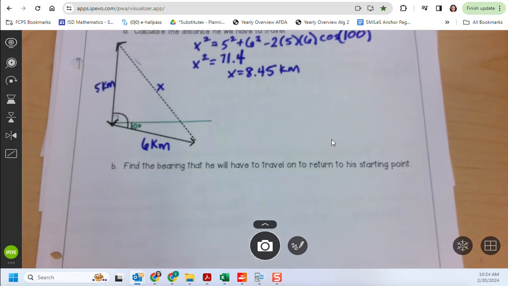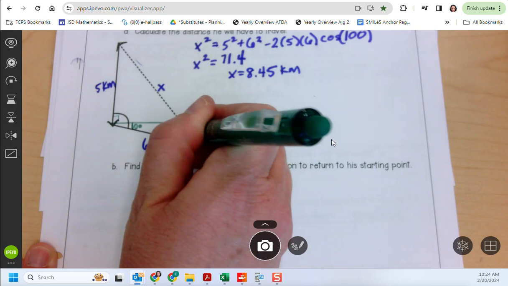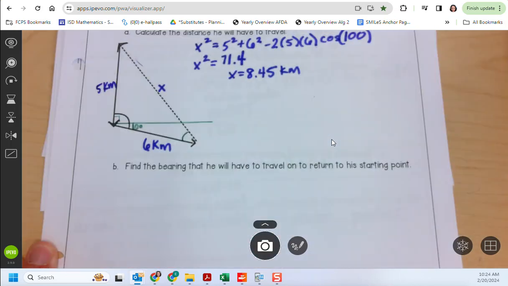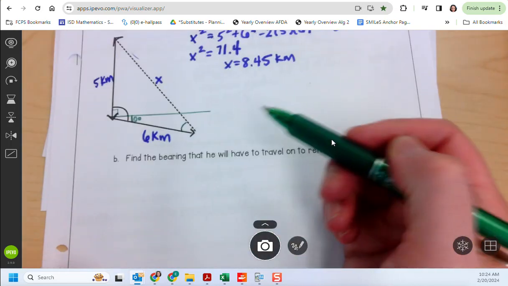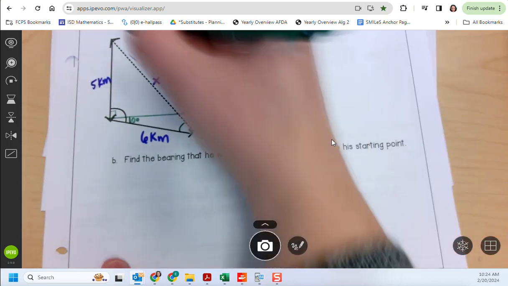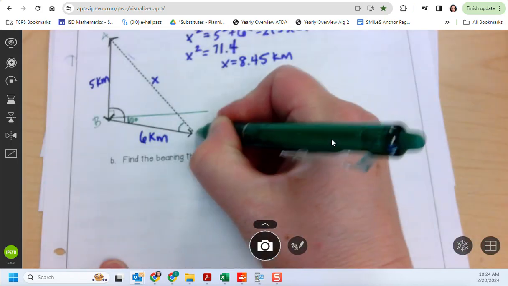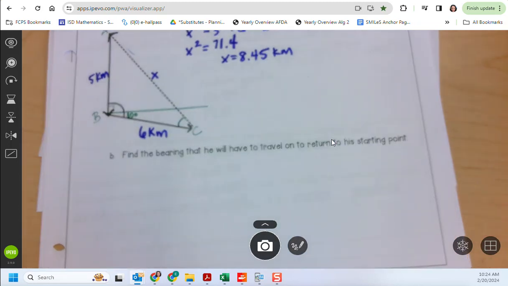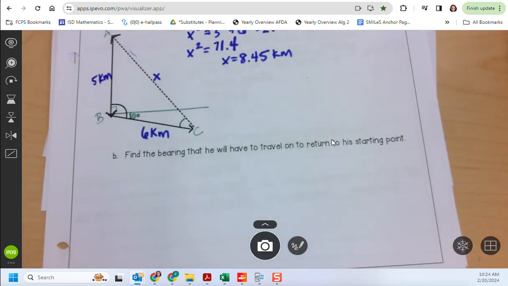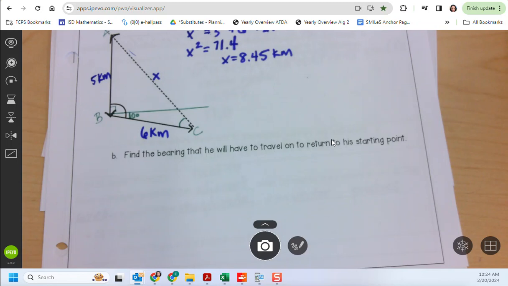All right. The first thing we are going to do is try to find the angle that is down here, right here. Okay. So we're going to try to find that angle. We can give it a letter. I can call this ABC, so I'm trying to find the measure of angle C. And we can use the sine rule for this.